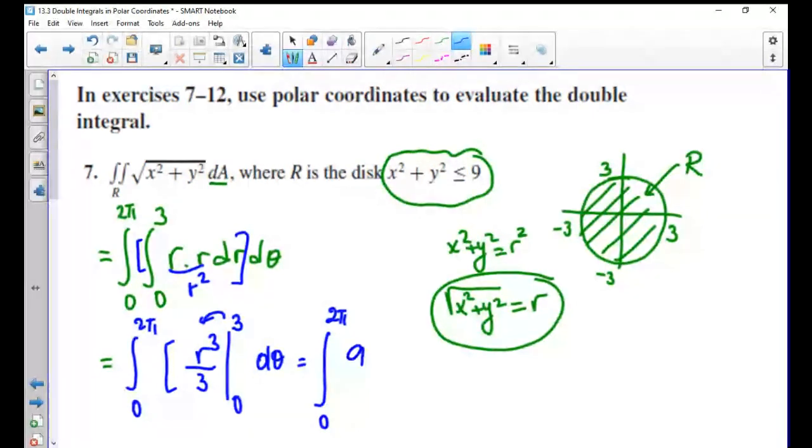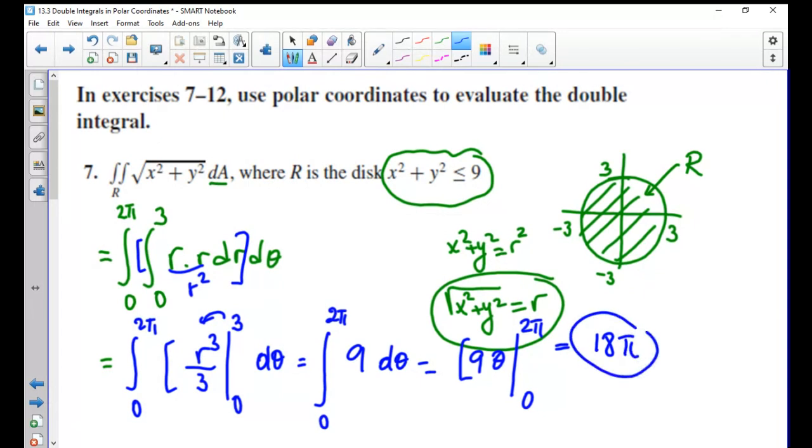So 9 d theta, which means 9 theta from 0 to 2 pi, and very easy, substitute: 18 pi, very simple. Does that make sense?